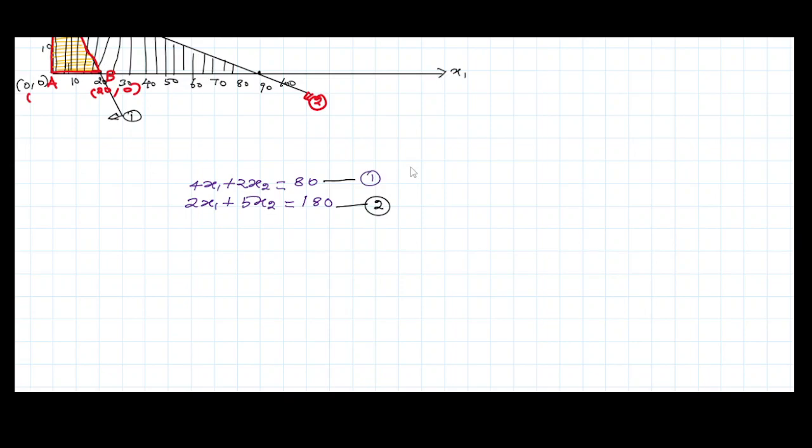Solving these two, we get the point C. Equation 1 into 2, we get 8x1 plus 4x2 equal to 160.